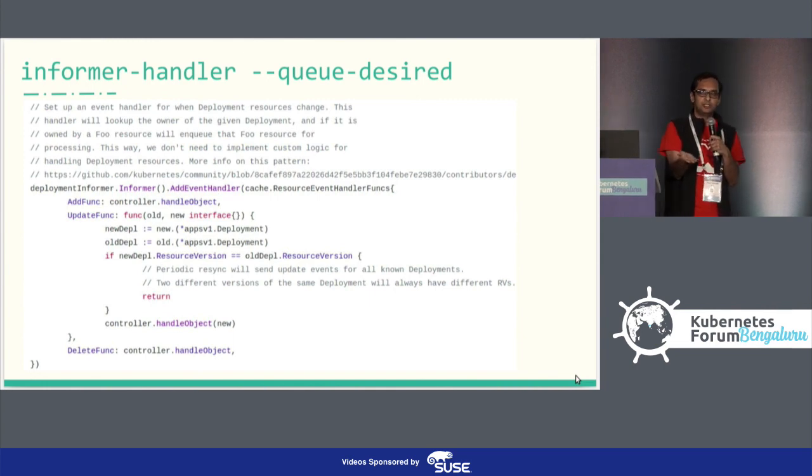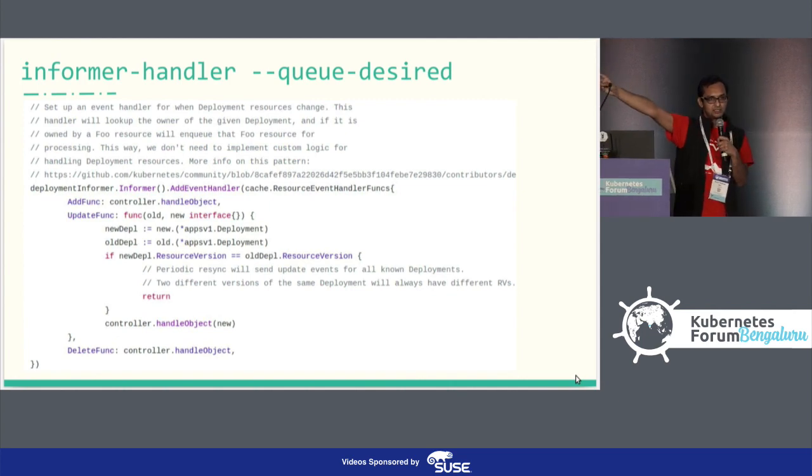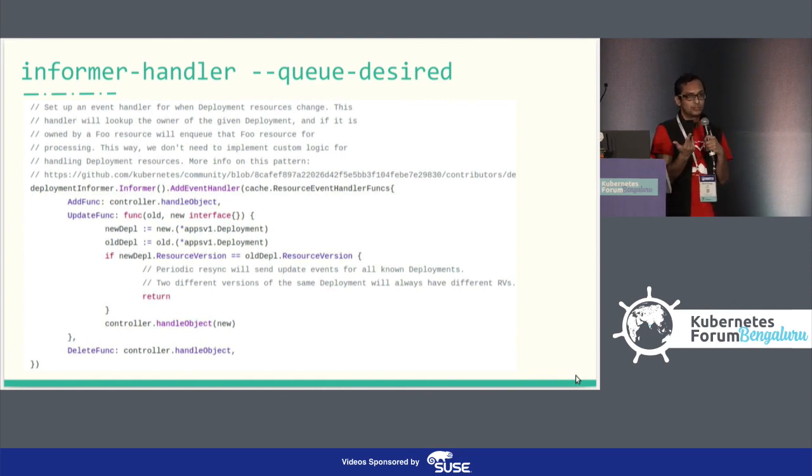A good example is the deployment, which can lead to the creation of a replica set, and then in turn the replica set creates one or more pods. So you have the observed state as your deployment and the desired state as the pods. And you can build one or more controllers to manage this desired state and reconcile to the observed state.